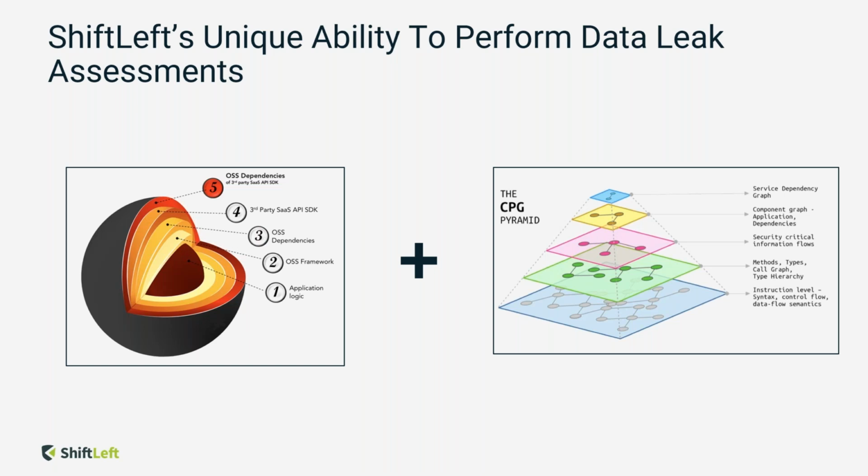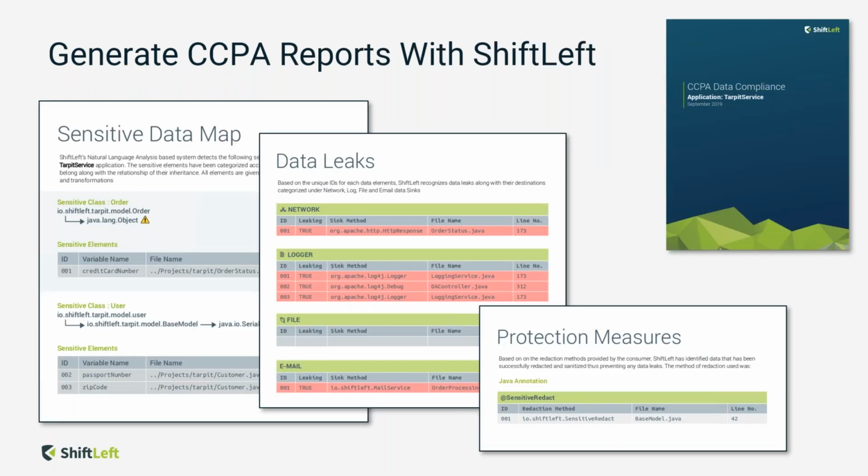Now, an example of what we could do for CCPA is on the screen. So this is a sample report that we can generate. We start off with the sensitive data mapping. That was step 1 in the CCPA. So in the example here, credit card number and some PII data is being collected from the user.